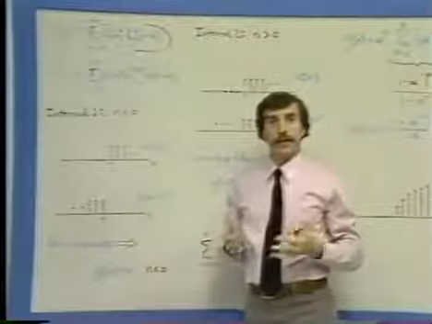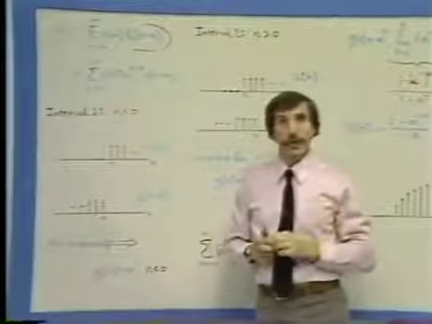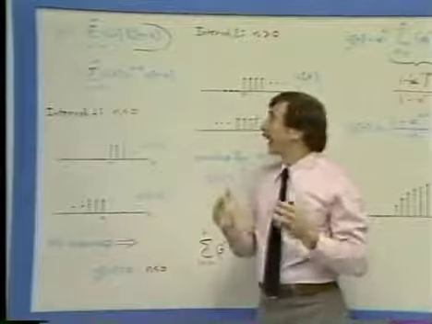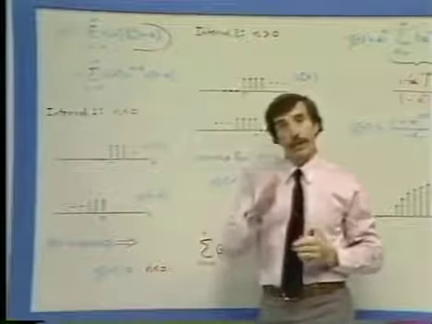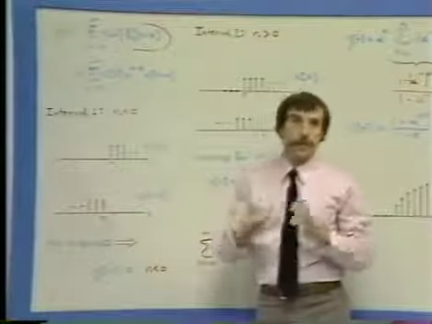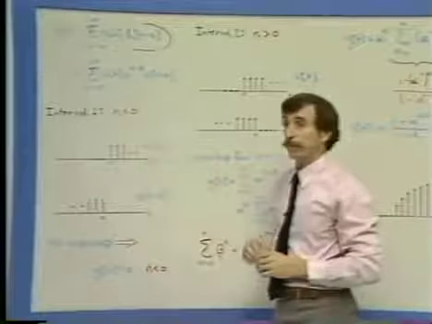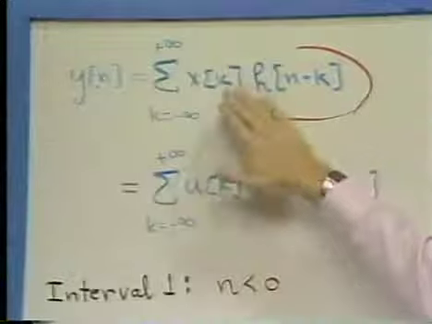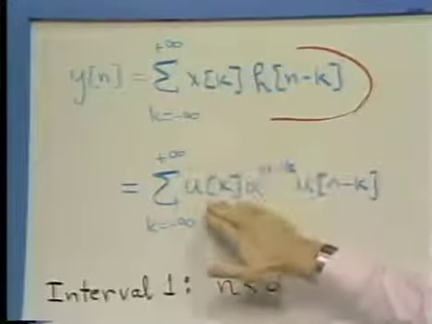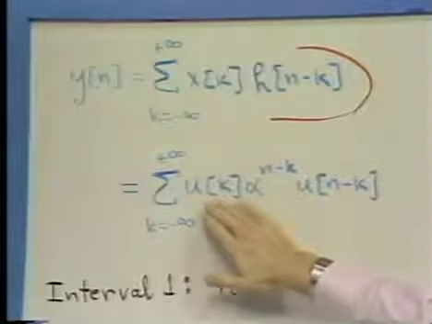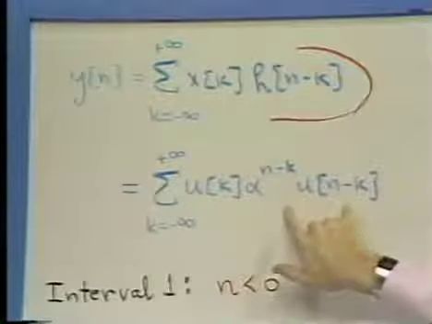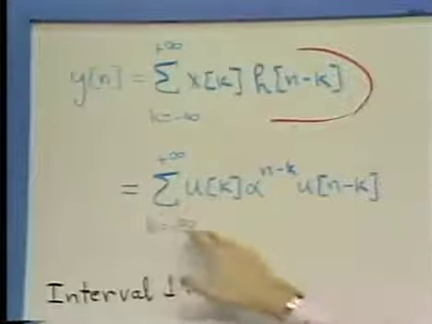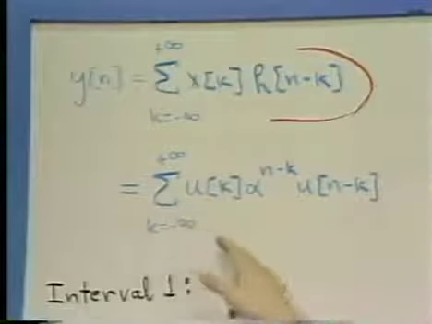And if we take our two examples, the example of an input which is a unit step and an impulse response which is a real exponential multiplied by a unit step, we have then replacing x of k by what we know the input to be, and h of n minus k by what we know the impulse response to be, the output is the expression that we have here.